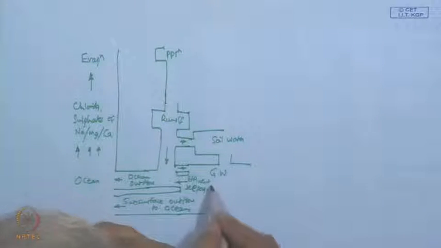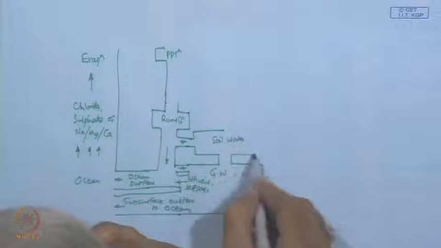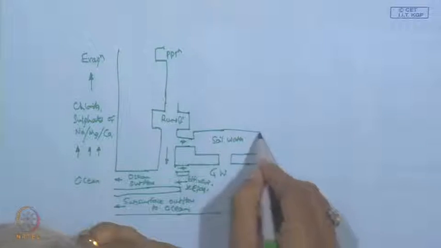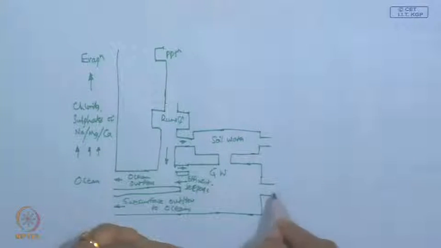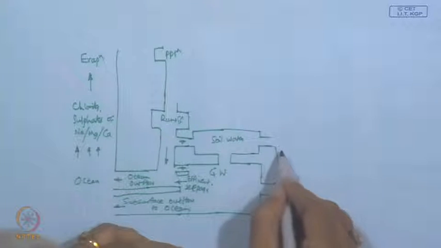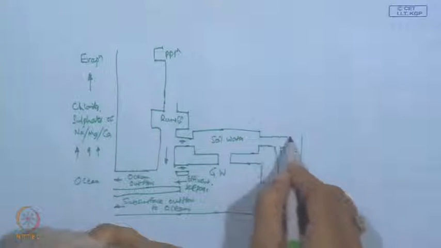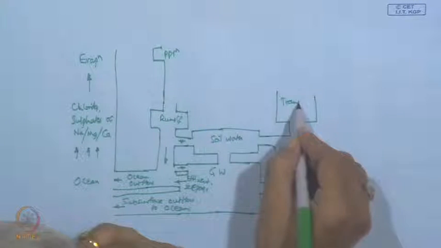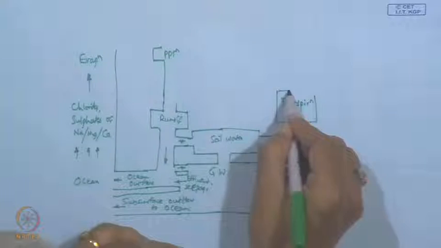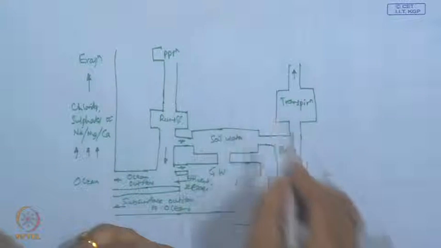And this is the groundwater, and again this is the soil water as well as groundwater, both are absorbed by plants, and from these plants there is transpiration, and again it goes to the atmosphere.